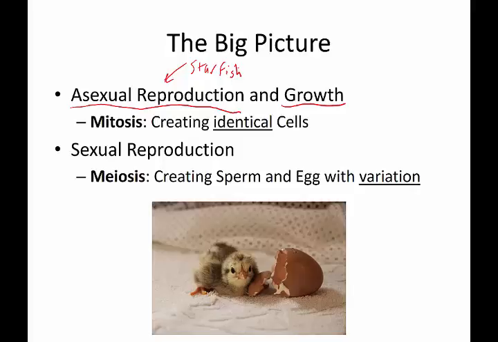So this is asexual reproduction. That starfish doesn't have to mate with another organism. If it just lops off its arm, that arm is able to regrow into a whole entire new starfish. Those 2 starfishes are essentially going to be clones of each other. And as you all know, all organisms have to grow.